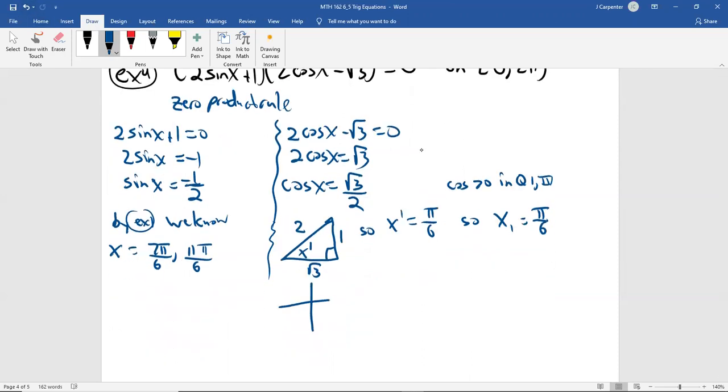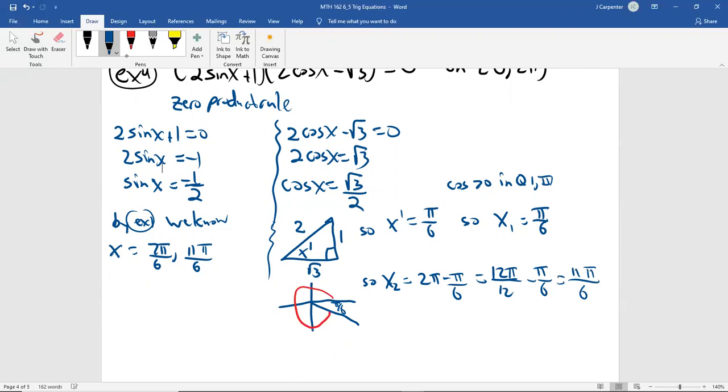So let's draw our angle in quadrant 4. So here's our pi over 6. But our actual angle will go all the way around this way, which would be 2 pi minus pi over 6. So x2 is 2 pi minus pi over 6, which is 12 pi over 12 minus pi over 6, which is 11 pi over 6. So the solutions from this one are pi over 6 and 11 pi over 6.